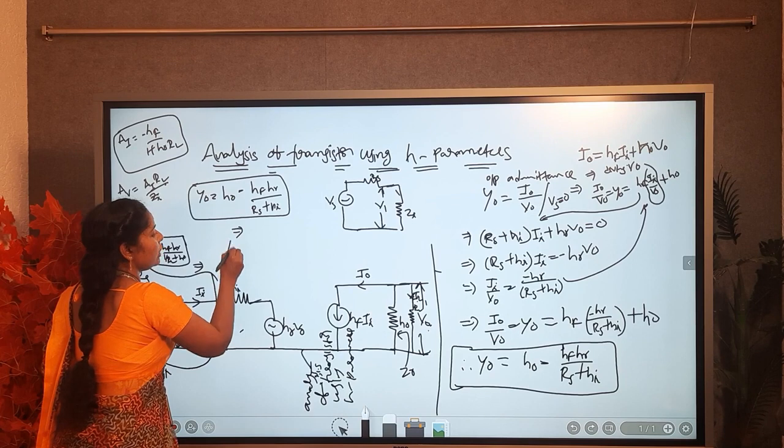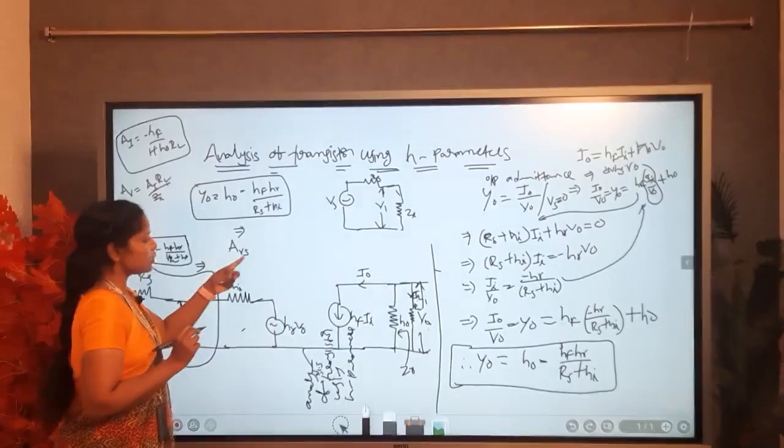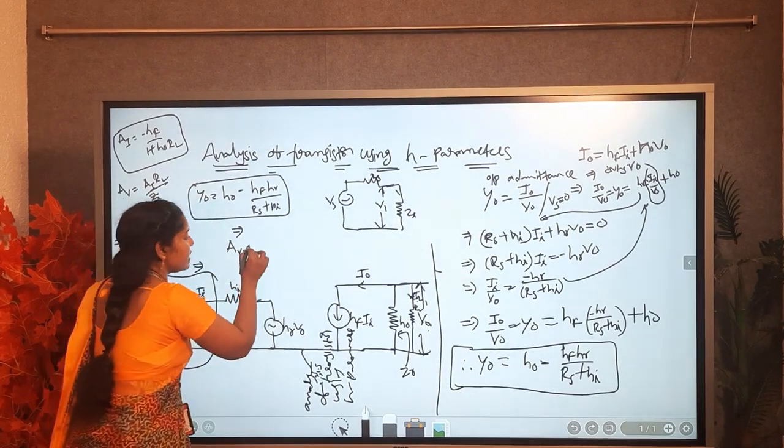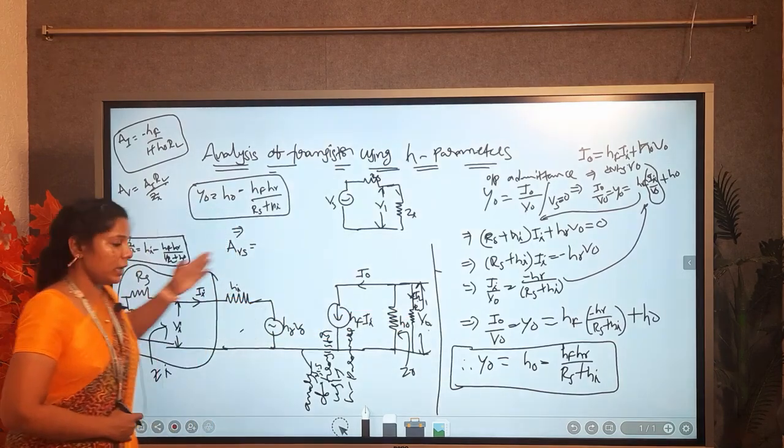So overall voltage gain means AVS, that is considering the source resistance Rs. AVS equals overall voltage gain, meaning output voltage by input voltage.